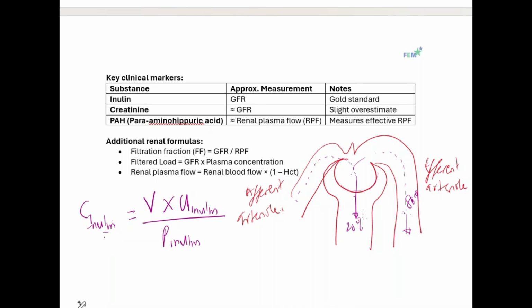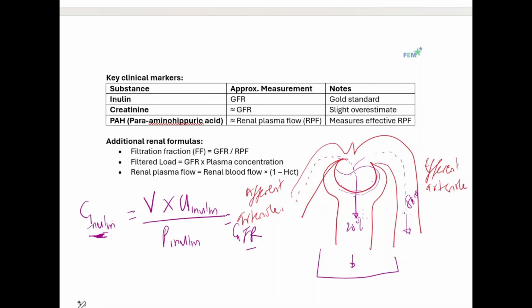And because all the inulin that is filtered through the glomerulus is excreted, I can assume that the clearance of inulin from the urine is going to be equal to the glomerular filtration rate.